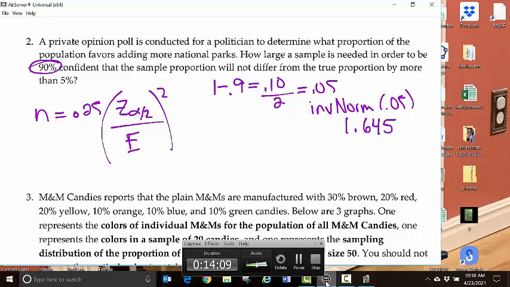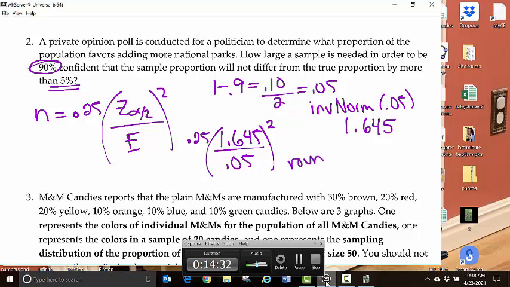Remember, it comes out as negative, but we use it as a positive. So then we just plug it in. That's 0.25 times 1.645 all over, we want the margin of error to be no more than 5%, and then square that. And whatever that answer is, you want to round up.